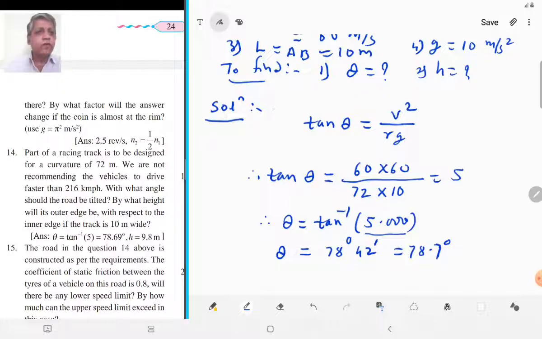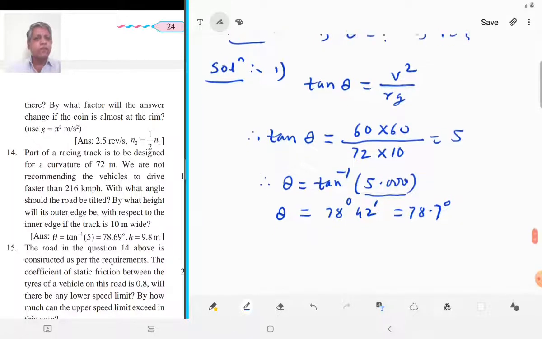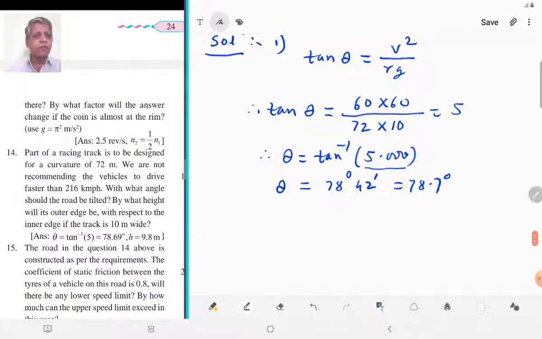This is the first point. Now, by what height will its outer edge be with respect to the inner edge, that is the elevation, to be found out.